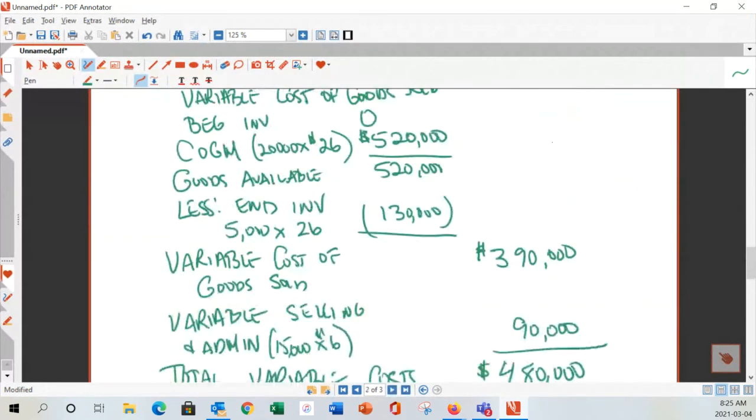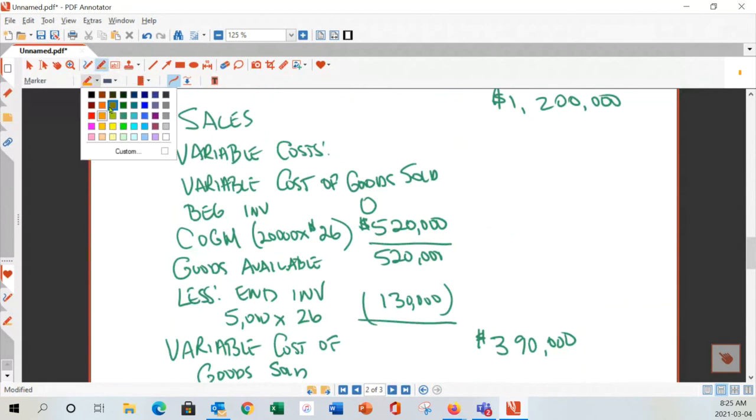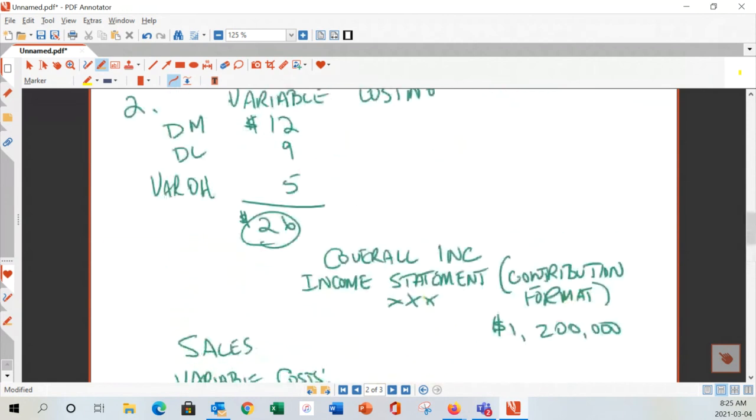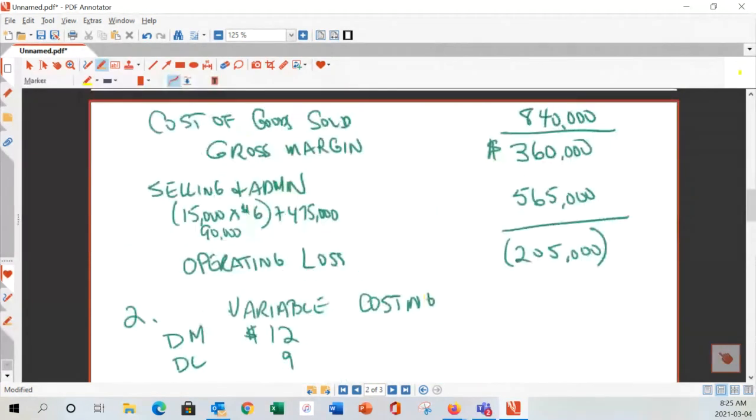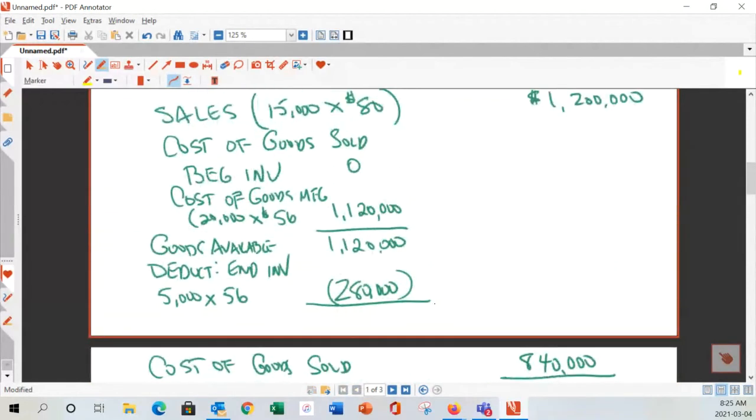Well, I guess we know what the ending inventory is under each method. So under variable costing, there's our ending inventory, 130,000, and then up here, 280,000, right?